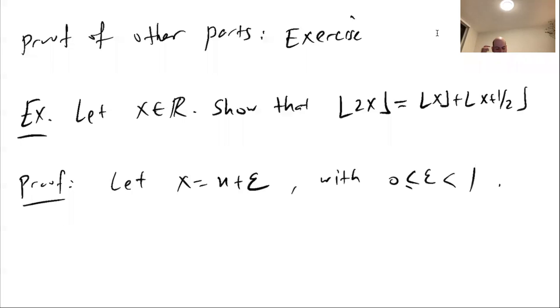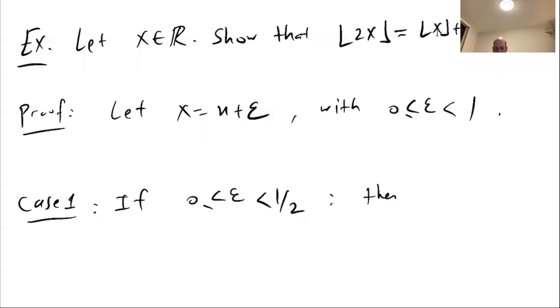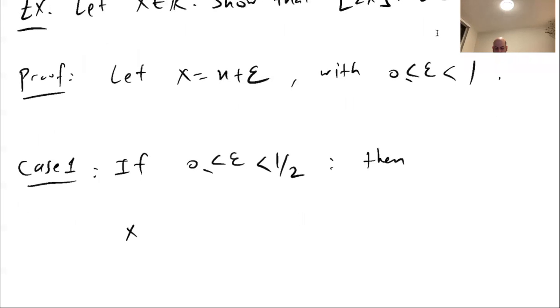Now I can consider two cases. Remember the two small gaps: is x in the first small gap, or in the second small gap? So case 1: epsilon is bigger than or equal to 0 and less than 1/2. Then what can I say about 2x? Then x is bigger than or equal to n and less than n+1/2, right?